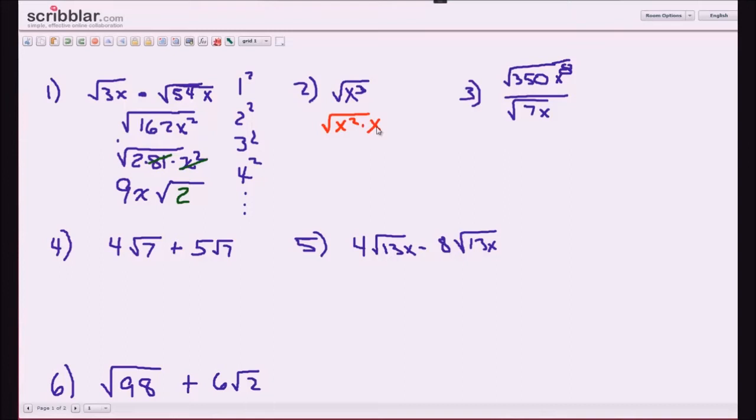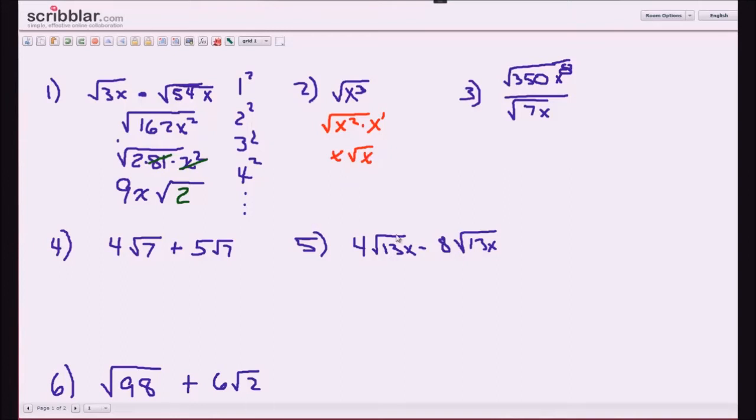This kind of plays on the whole properties of exponents, because if you have the same base, you can combine the exponents. 2 and 1 give you 3. So we can take the square root of x squared, and we're left with x square root of x.